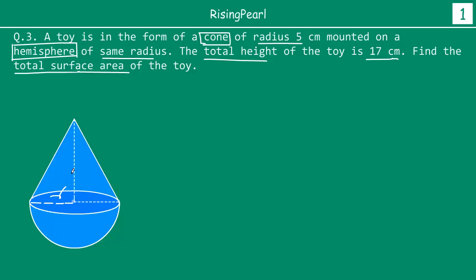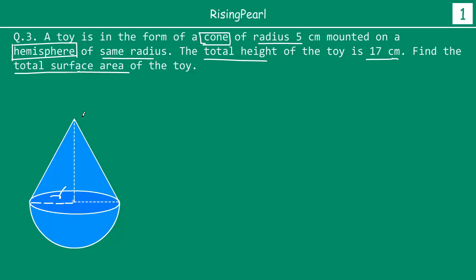The base circle of the cone has the same radius as the hemisphere, so the cone exactly fits and sits perfectly on top of the hemisphere.